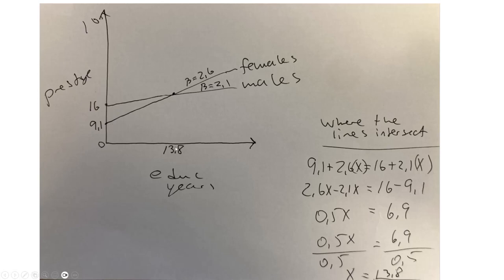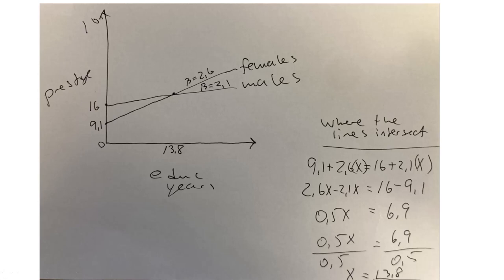So when about 14 years of education is reached, females surpass males in this simple regression. Of course, there are a lot of things that we haven't controlled for. Whereas the intercept for males is 16, and for every year of education, their prestige increases by 2.1. And the difference in the slopes is statistically significant.